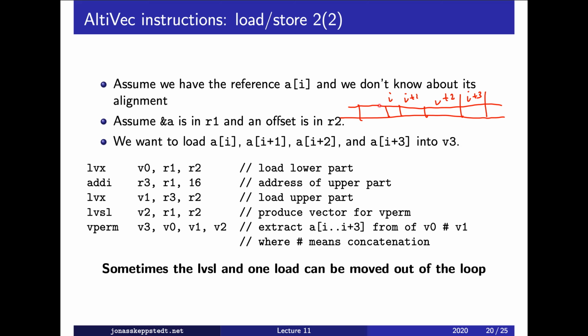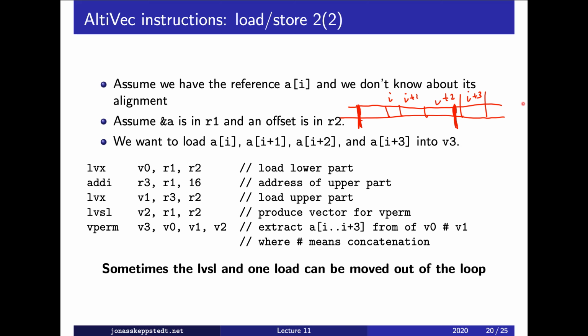So if we just load this, we will get the wrong value. Say this is the boundary of 16 bytes, and then the next maybe here, for instance. If we load this, then we will get the wrong value. We will never see I plus 3.